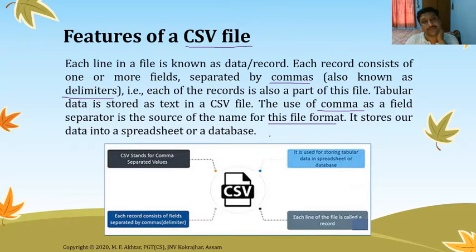This data can be stored in a spreadsheet format or in a database, or can be recalled in spreadsheet or database software. CSV stands for comma separated values, and it is used to store tabular data in a spreadsheet or database. Each record consists of fields separated by commas. Each line of the file is called a record.